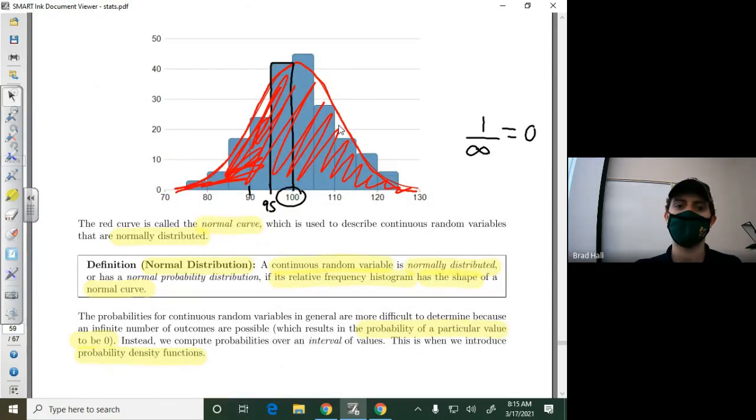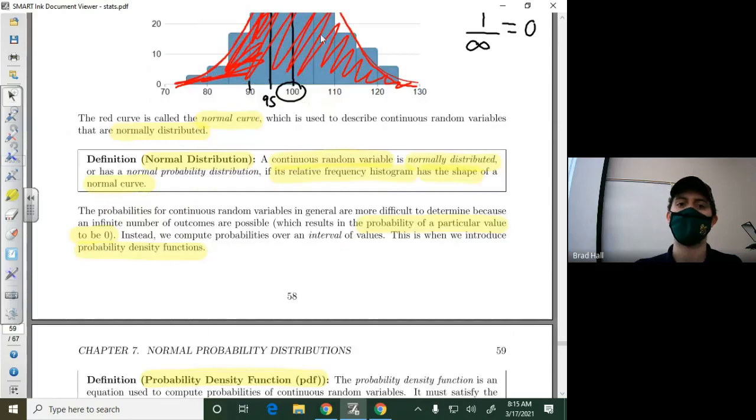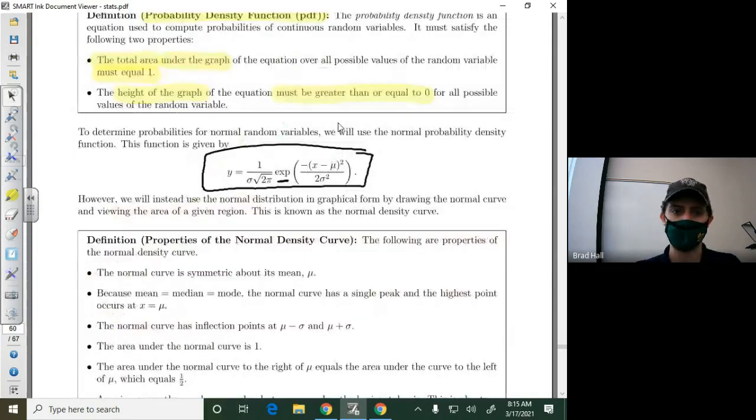Now, how we interpret this, we'll figure out gradually. But the first idea is that we're looking at the curve to figure out the area underneath it. And what does that area correspond to? The probability of intervals of continuous random values.